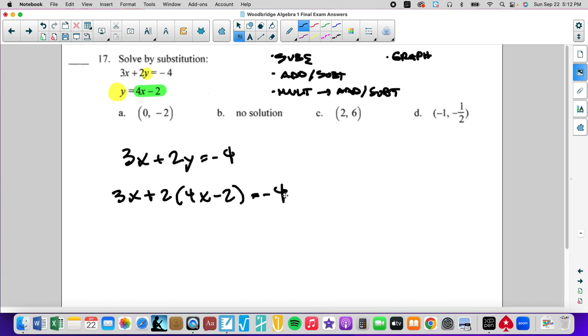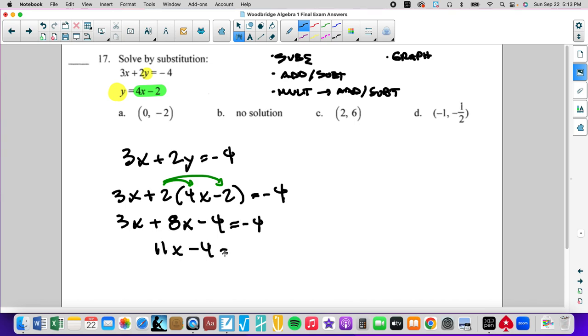And what this provides us is, now we only have one variable. So we will distribute this in. We get 8x minus 4 equals negative 4.